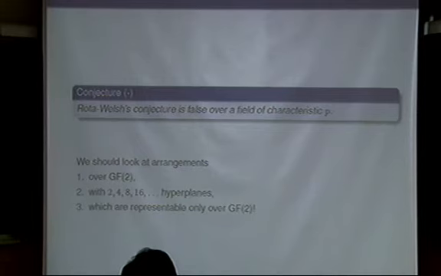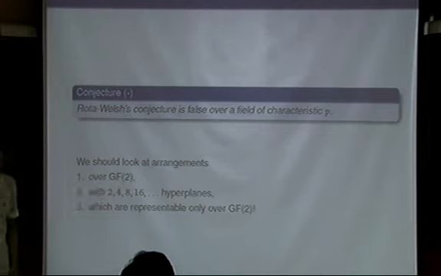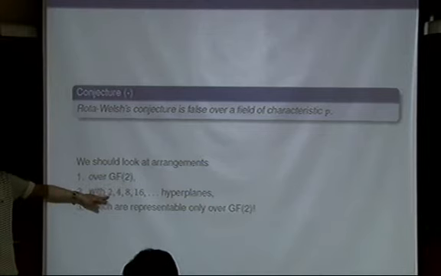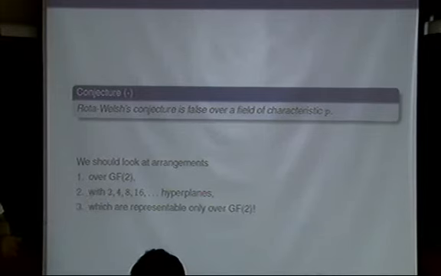So I'm pretty sure that if you are over characteristic P, then there is a good reason that the inclusion-exclusion formula should be false. And furthermore, I know that such inclusion-exclusion involving derivatives should be false if we are in characteristic 2, in degree 2, 4, 8, 16, or so on.